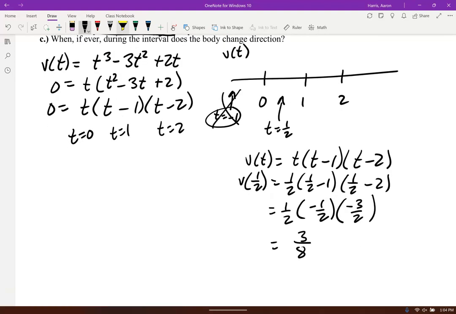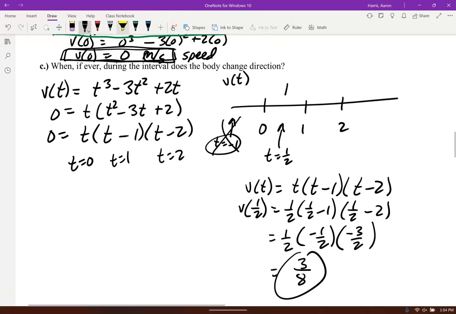All I care about is it's positive. So it's moving, because I have to change direction, meaning if this is up and down, this object's going up from 0 seconds till 1 second. Now I got to see, does it keep going up or does it go down and actually change direction? I need it to change direction is what I'm looking for.